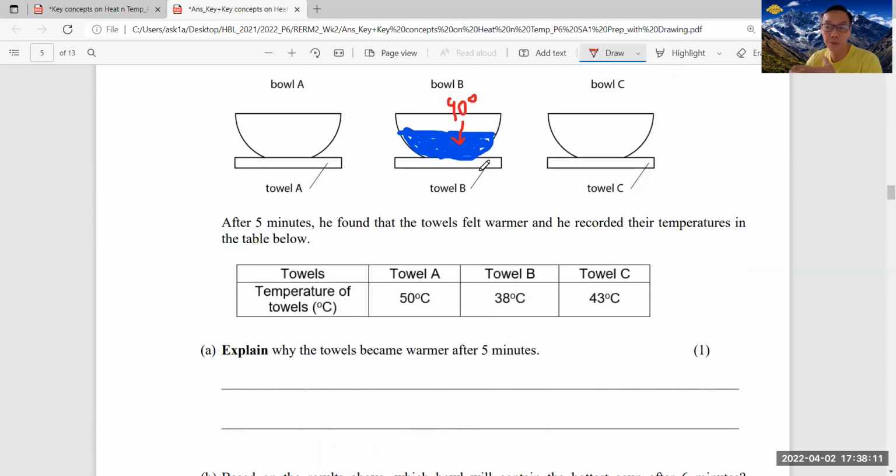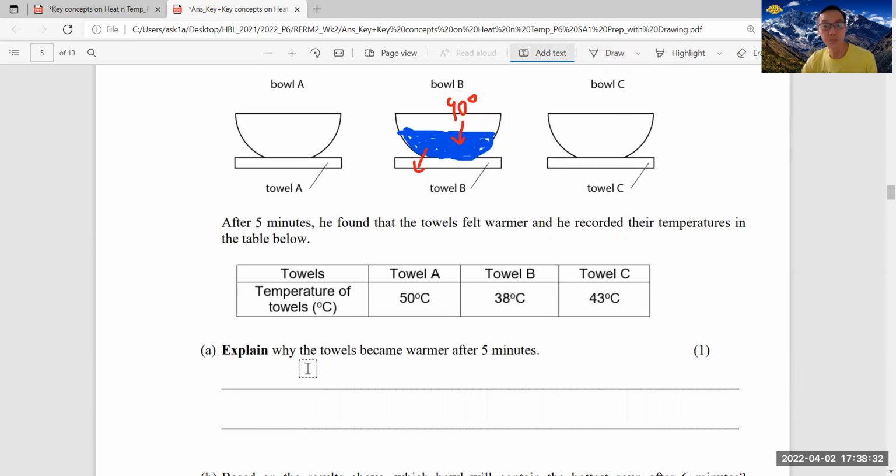And then the heat will transfer from the inner bowl to the outer bowl. So for this question, you need to mention the bowl gains heat from the hot soup, and then the heat being transferred from the bowl to the towel.